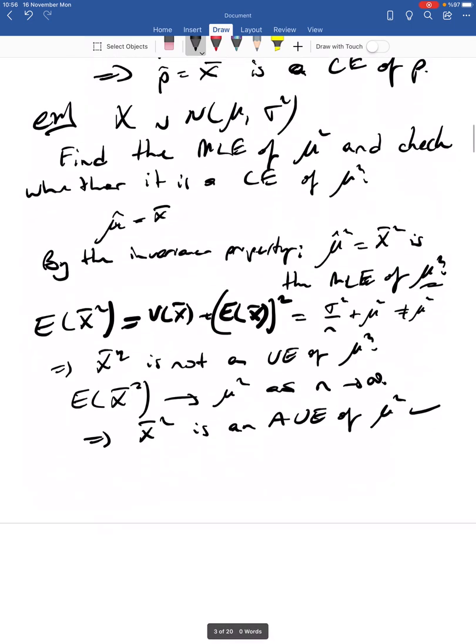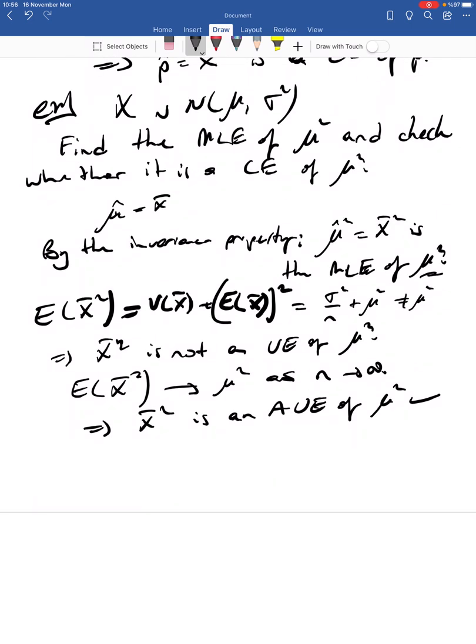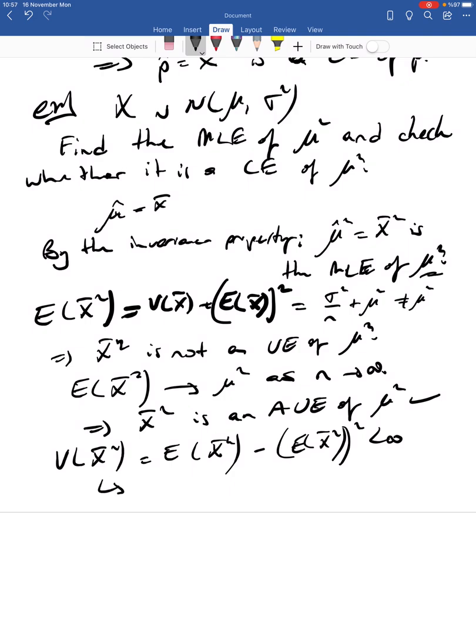So this condition is satisfied. I didn't calculate the variance, but we can say that the variance of x bar square involves expected x bar to the 4, which has to be finite. We know that it is a function of sigma square over n, and here it will also be a function of some value over n, so it is finite and converges to 0 as n goes to infinity.